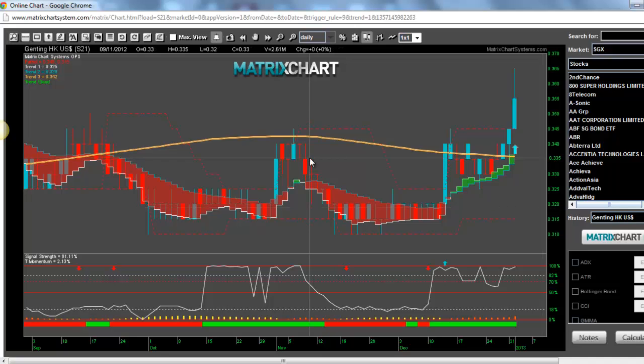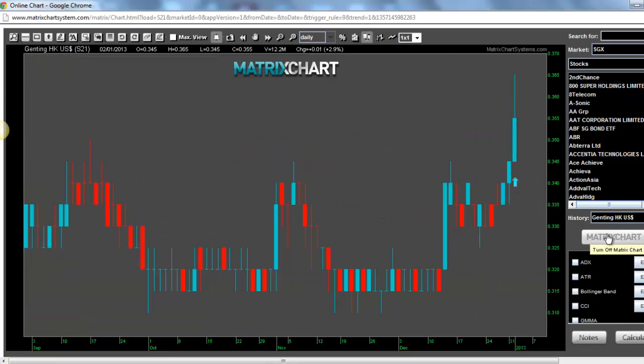If you like to analyze the chart yourself, you can click on this icon on the right, and voila, you just have the candlesticks. And you can use these tools over here to analyze your data. Whether it is to draw a support line or a resistance line, you can do it with all these tools. The great thing is you can still select the signals and the strategies on the bottom right hand corner.